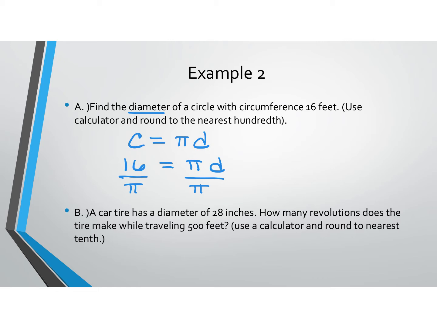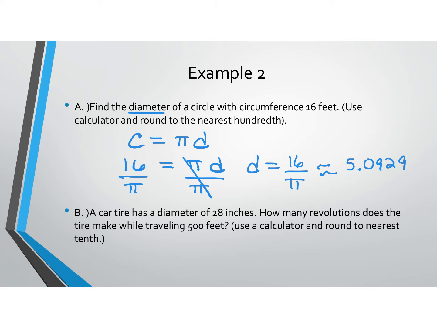So if it's said to leave in terms of pi, this would just be 16 over pi. But notice the instructions say to use your calculator and round to the hundredths place. So on my calculator, I'm going to do 16 divided by pi, and I get 5.0929.